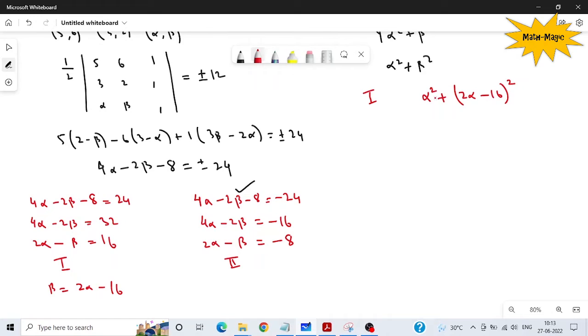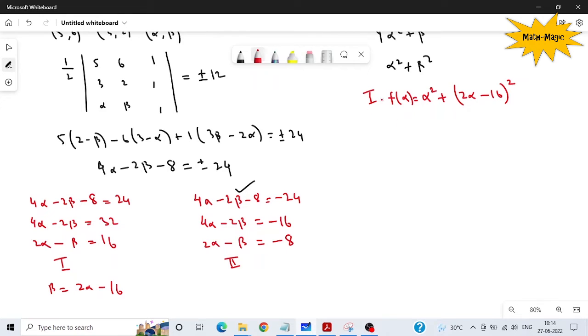Now we want to find the minimum value of this, which is a function of one variable, f of alpha. Whatever minimum value we get, we will take the square root, and that is the least distance of a point in A from the origin.